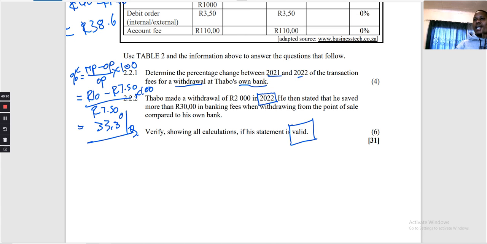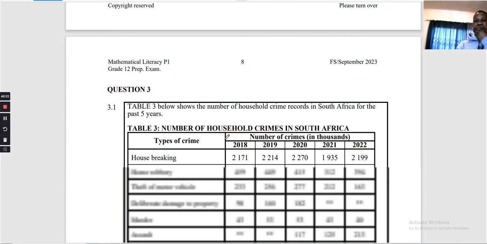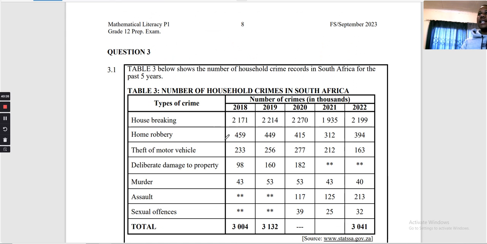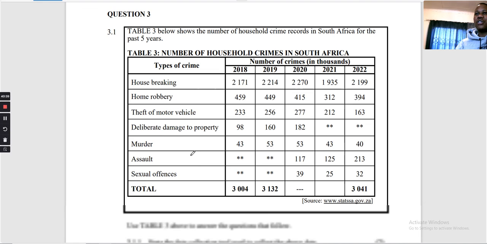Then let's go to question number 3. It says Table 3 shows the number of household crime records in South Africa for the past 5 years. We have housebreaking, home robbery, theft, deliberate damage to property, murder, assault, and sexual offense. Then they have the totals there.